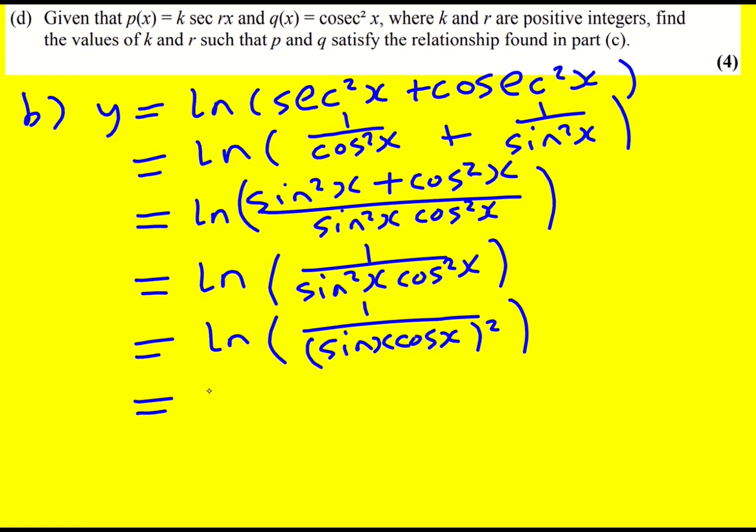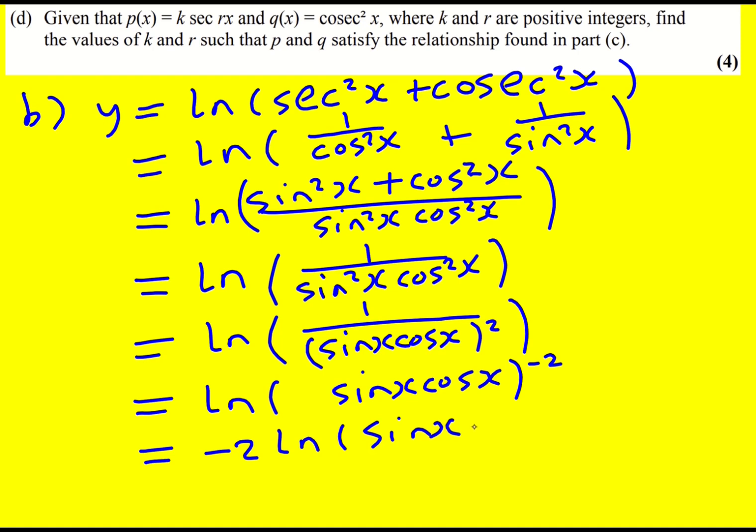Because now you can write it as ln of sine x cos x to the minus 2, because we got the reciprocal and we got the 2, so it's minus 2. So then we can bring the minus 2 out using the third rule of logs and write it as minus 2 ln.